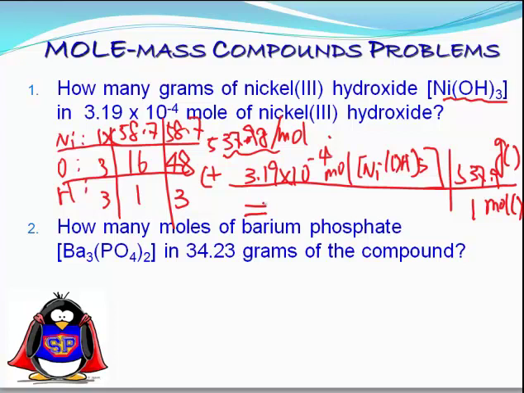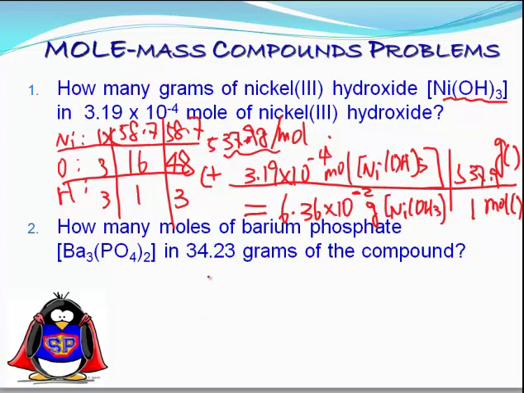If you clean up everything, this will give you 6.36 times 10 to the negative 2 grams of this compound, nickel 3 hydroxide.